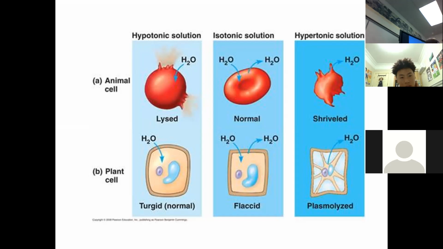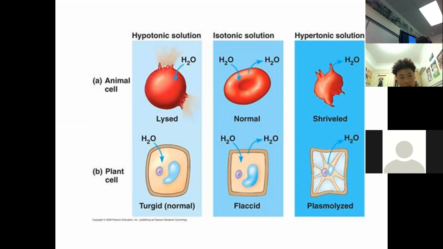If I take that red blood cell and put it in an isotonic solution, meaning the concentration inside the blood cell is the same as the concentration outside the blood cell, then you're going to get water moving in and out at the same rate. That's isotonic, that's equilibrium. So if you're dehydrated and you go to the hospital, they're going to give you an IV of 0.7% sodium chloride, which is isotonic to your blood.